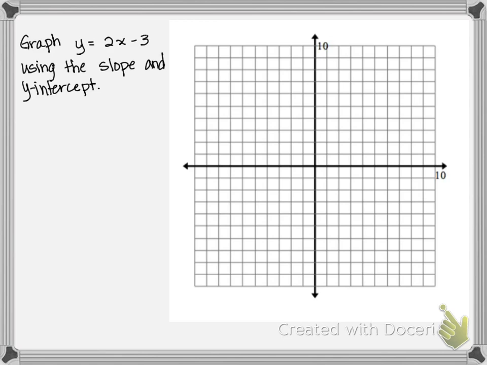So like if they said graph using the intercepts, the 2 points that you have to use to graph the line have to be the intercepts, because the problem's not just checking that you know where the line is, it's also checking that you're able to find the intercepts. So the same is true when you're asked to graph using the slope and y-intercept. They'll check to make sure that one of the points is the y-intercept, and then the second point is the point you would get to using the slope from the y-intercept. So I just wanted to point that out because it can get a little frustrating.